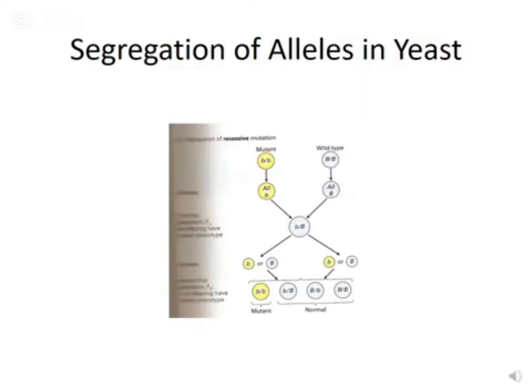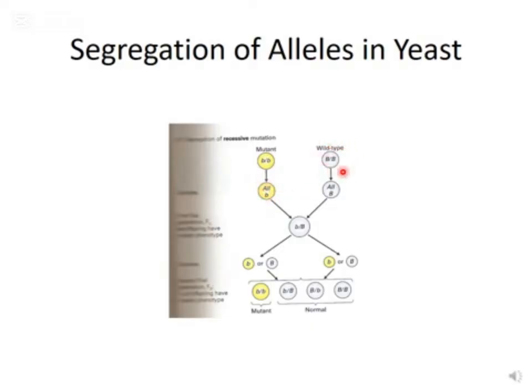So if we get a recessive mutant, note here that recessive genes are represented with a lowercase letter, while dominant genes are represented with an uppercase letter. So here the mutant is still yellow, however in this case it's recessive. So all the resulting gametes are going to be recessive mutant gametes.